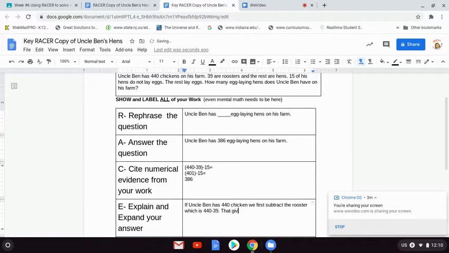That gives us 401 hens. And then subtract 15 because 15 hens do not lay eggs. 401 minus 15 is 386.